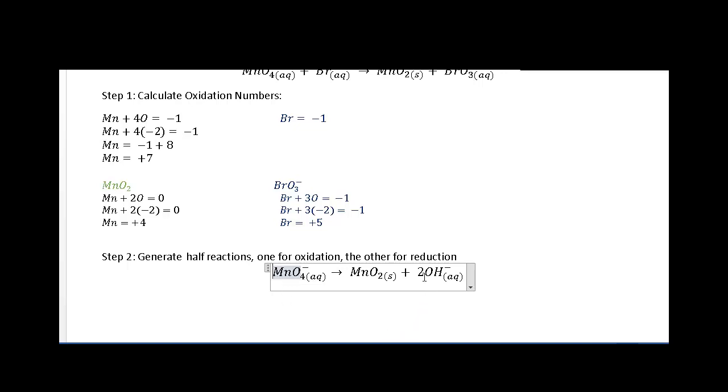We can't balance these hydrogens with water because that will create an imbalance with our oxygens. The oxygens will get messed up. We can balance the hydrogens on our product side with H+, and then remedy that later, knowing we are in basic solution. So I'm going to balance the hydrogens by putting 2 H+ on the reactant side.